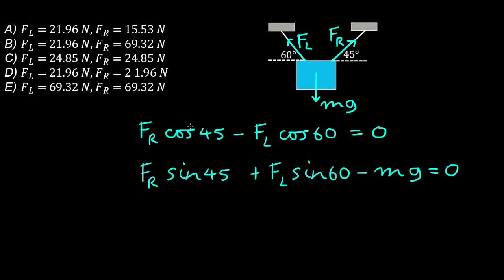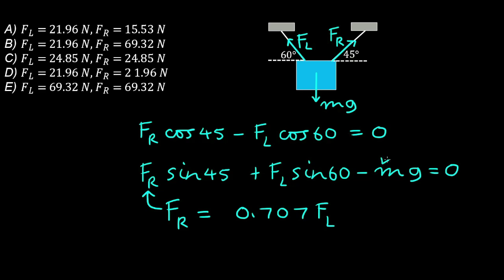And therefore from this equation we have FR is equal to cosine 60 degrees on cosine 45 degrees by FL, which is 0.707 FL. And substituting this into this expression, we can solve for FL.